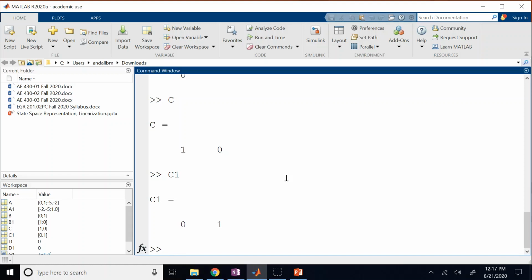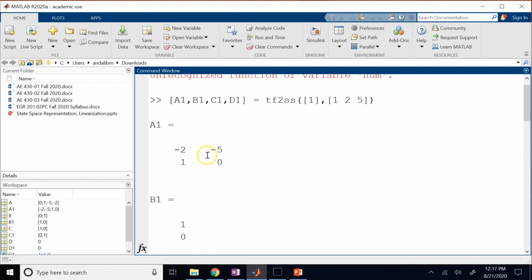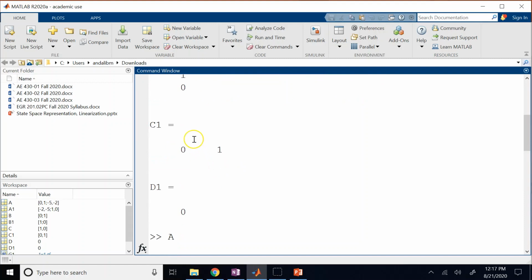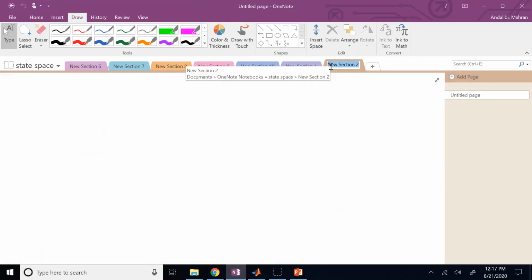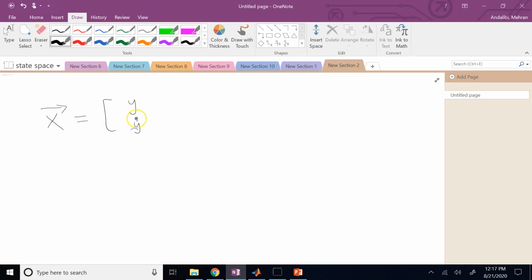As I said, when you go from transfer function to state space, there are infinitely many solutions. The one that MATLAB provided is also canonical, but the only difference from the one we found is that the order of the states is reversed. We chose our state vector to be y and y dot, that's what we chose.